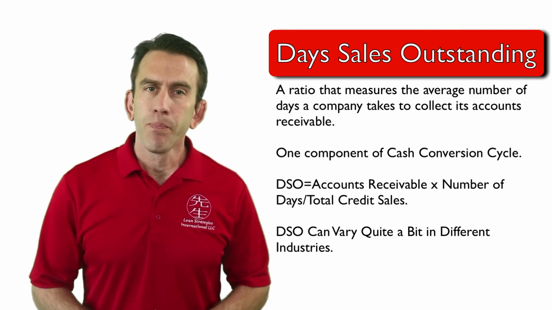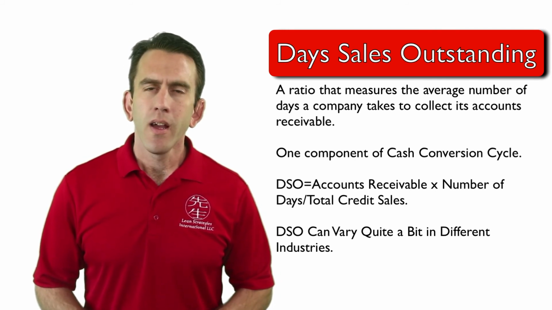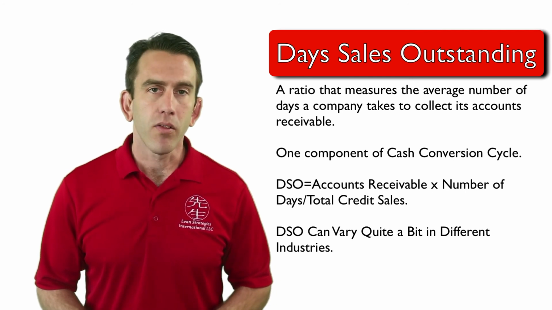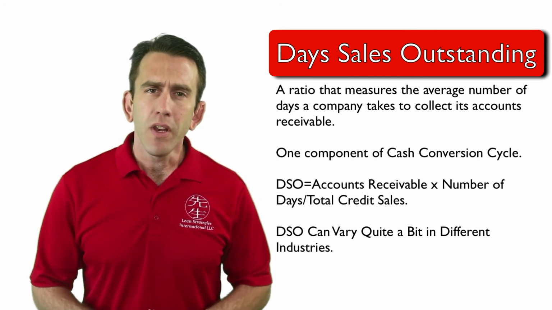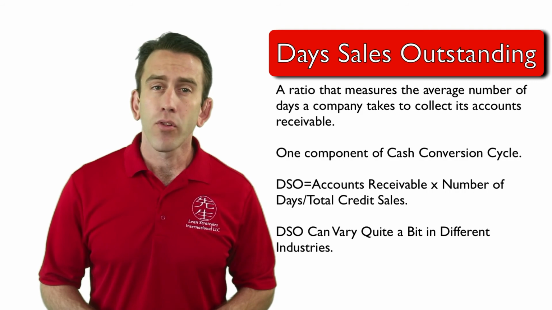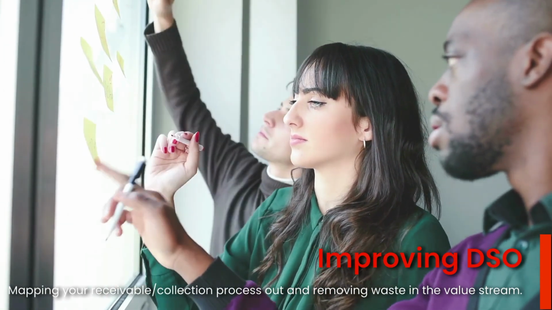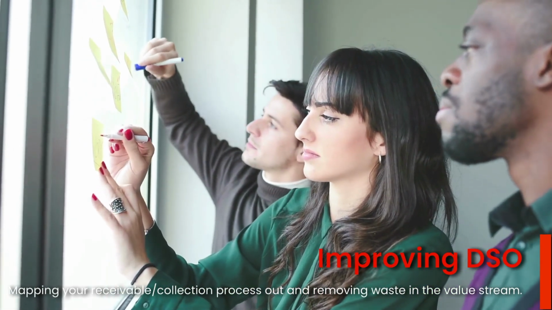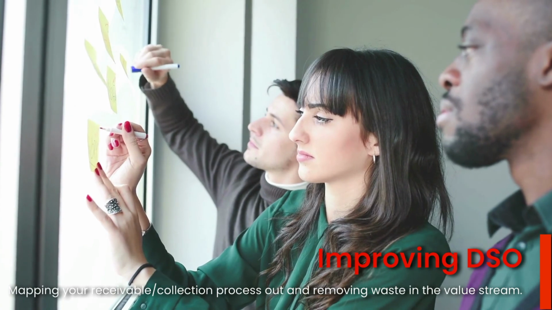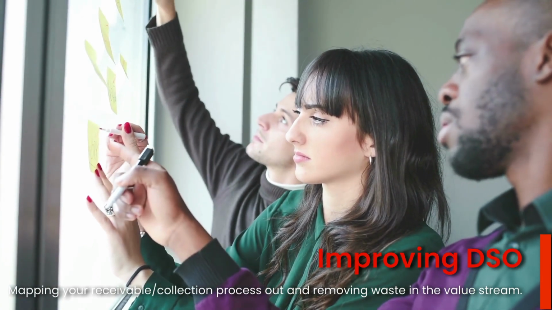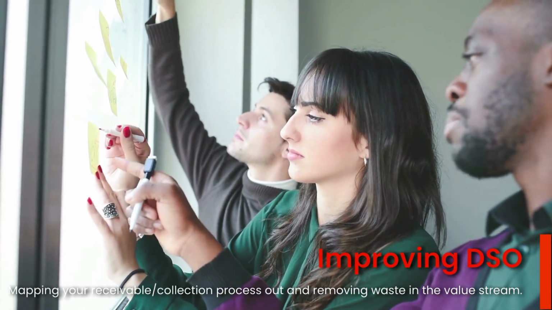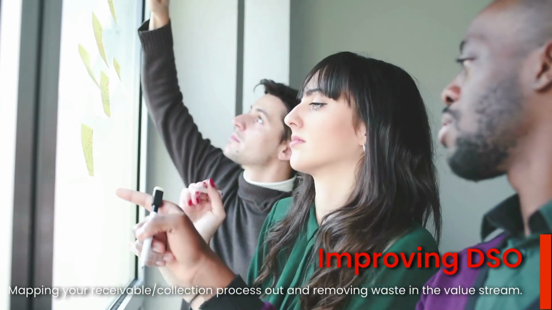With this in mind, we should consider the question, how can we improve DSO? DSO is unique in the sense that you have so much information that can be improved. With that said, mapping your receivable or collection process out and removing waste can improve both the information side of the value stream and the material side of the value stream.